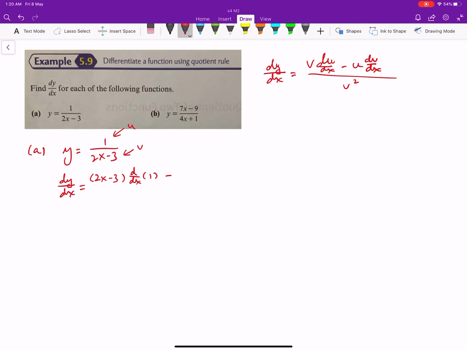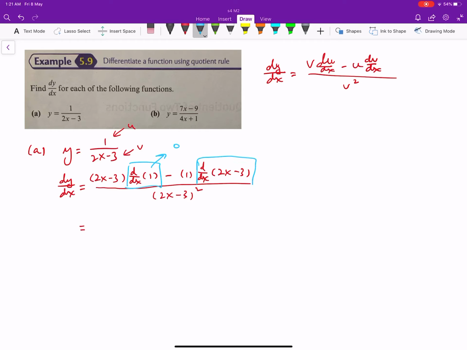So now we have u dv here, and then over v squared. For this one, it comes to 0, right? You differentiate a constant, so you will get 0.